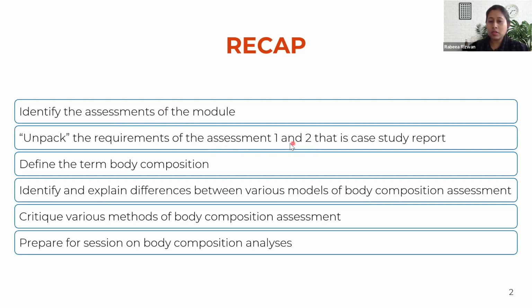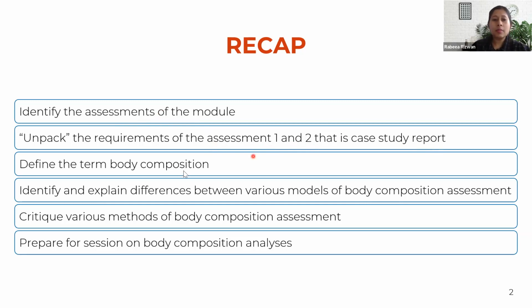Part 1 is an examination test of 30 minutes and its weightage is 25%. While for part 2 of the assessment, which you unpacked in the previous session with me, you have to write a case report. It has more weightage, and you will do it later, after the part 1 test.